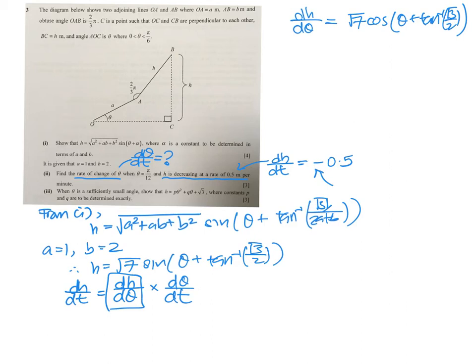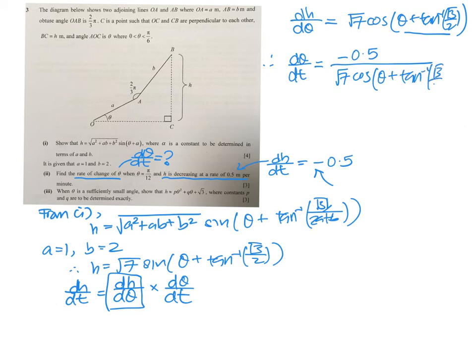Differentiating the angle, theta plus tangent inverse root 3 over 2, gives us 1 as the coefficient. So therefore, we have dθ/dt equals negative 0.5 over root 7 cosine of theta plus tangent inverse root 3 over 2.